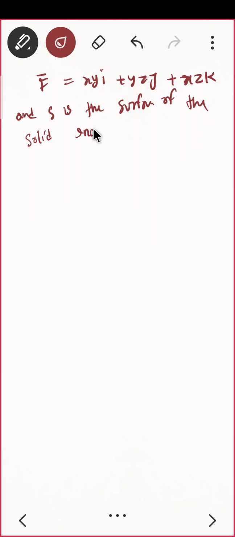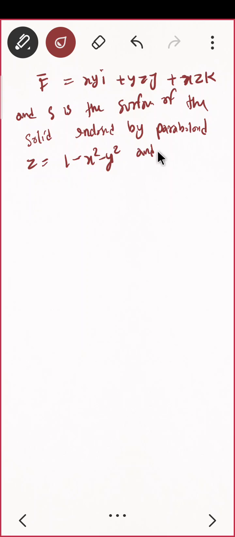Okay, so this is F bar, and S is the surface of the solid enclosed by the paraboloid z equal to 1 minus x square minus y square and the plane z equal to 0.